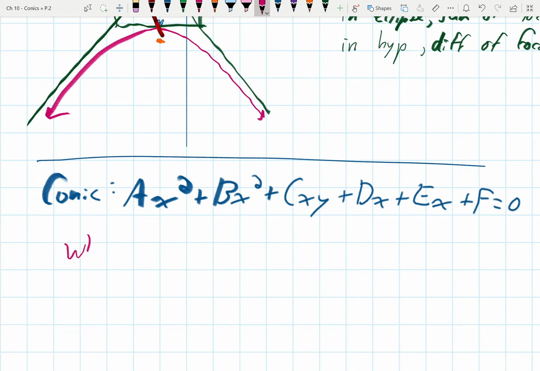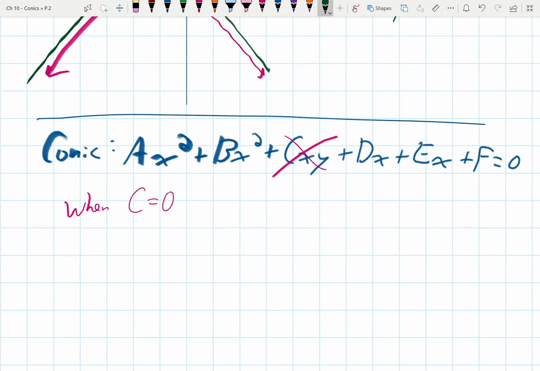Now, I'm going to do a little subset of this and say when capital C is equal to 0, because that knocks that term out, a term we haven't really seen yet. I want you to tell me what shape you get when A or B is equal to 0, but not both. If A is equal to 0 or B is equal to 0, what shape do you get?